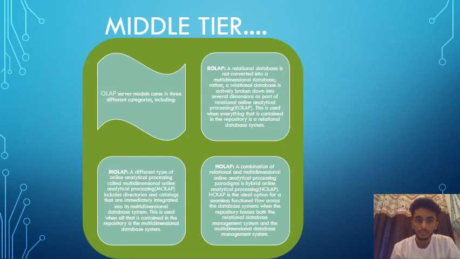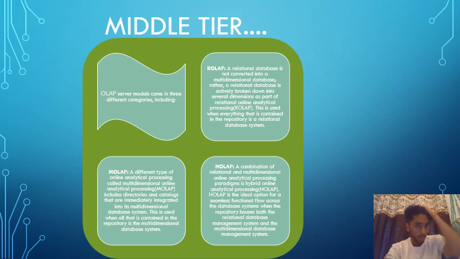The middle tier OLAP server model comes in three different categories: ROLAP, that is relational database, MOLAP, that is multi-dimensional, and HOLAP, a combination of relational and multidimensional. It's basically a hybrid version of relational and multidimensional.